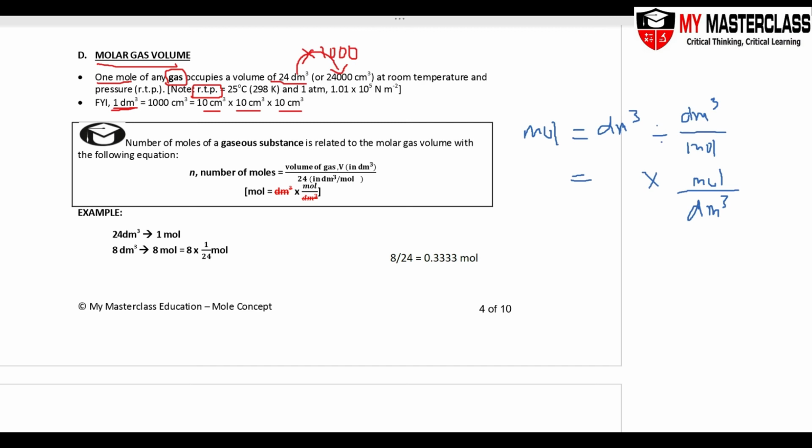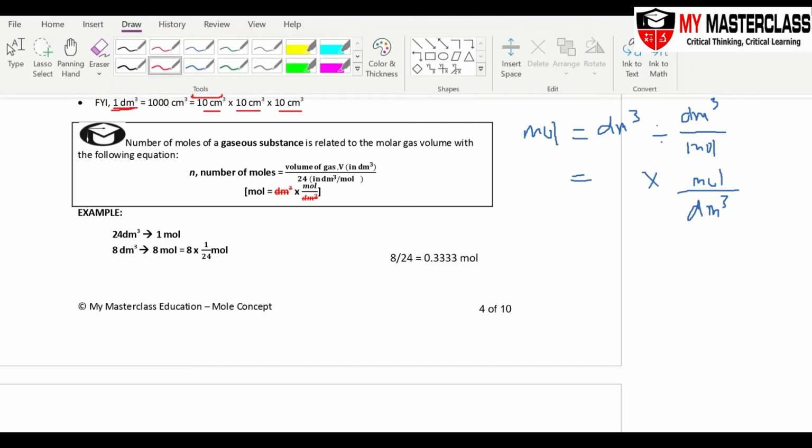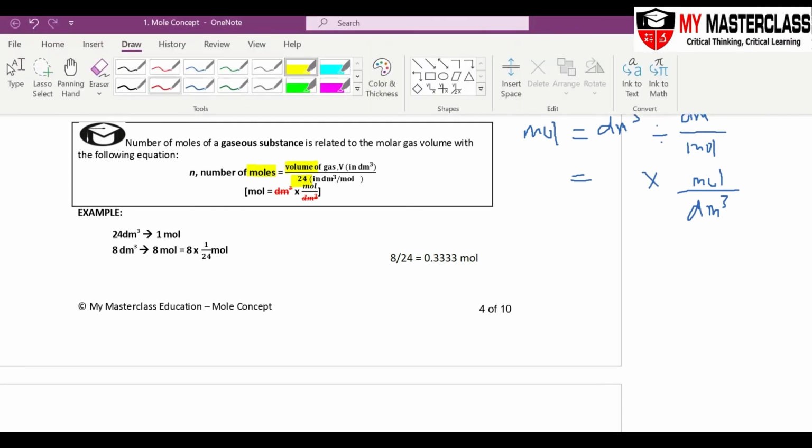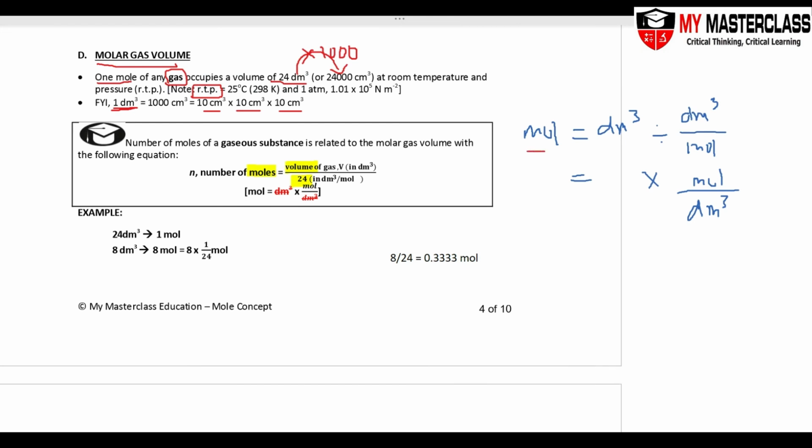So for the mole concept, again, this one is to count your mole. Making mole the subject, I have to take the volume of the gas divided by 24 dm³. Take the volume, divide by 24, which is my molar volume. Molar volume means the volume per mole.